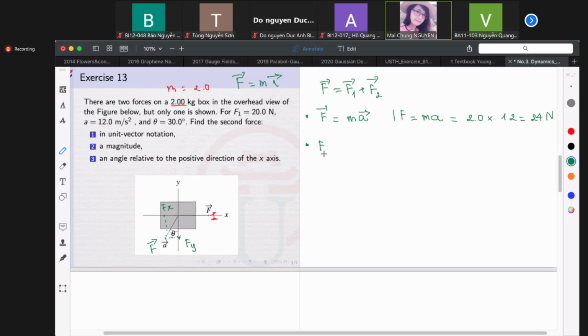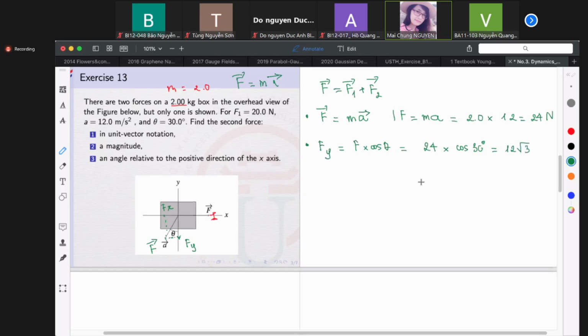Is that okay? So what about Fy? Fy equals F multiplied by cos 30 degrees. Cos theta. So now we replace F with the magnitude 24 multiplied by cos 30 degrees. So how about the final value here? It's equal to 12 multiplied by square root of 3. 12 square root of 3.